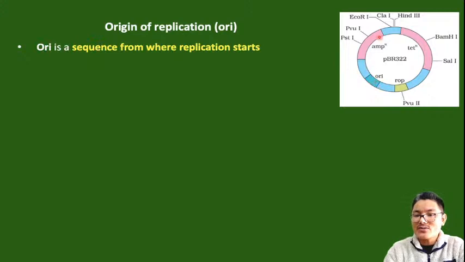This entire circular structure represents a DNA structure. So the ori site is the sequence of the DNA, or sequence of nucleotides, where the origin of replication starts. Replication starts here, and that's why it is called the ori site.